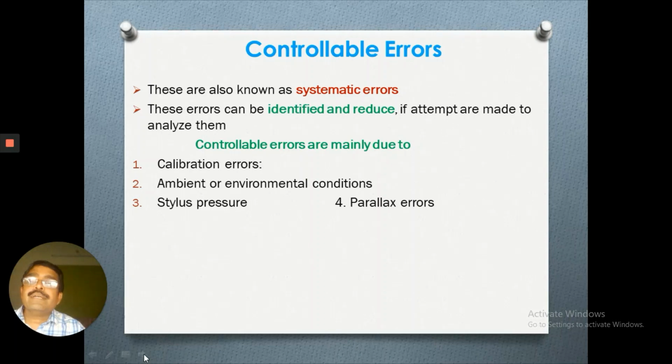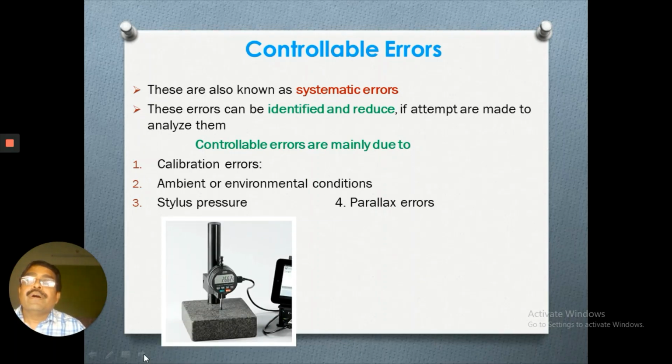Stylus pressure: if the pressure applied on the job is more than required, naturally the shape of that job may get distorted, and the dimension obtained will also be different. So this can be controlled if you apply proper pressure of the stylus on the job. Fourth is the parallax error.